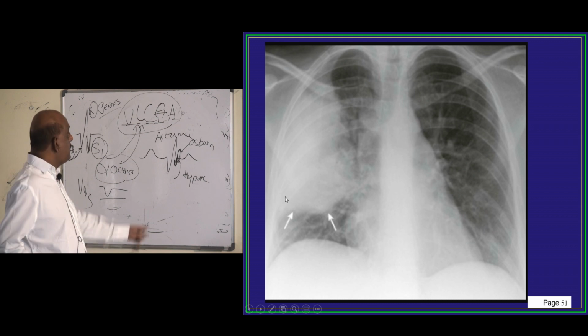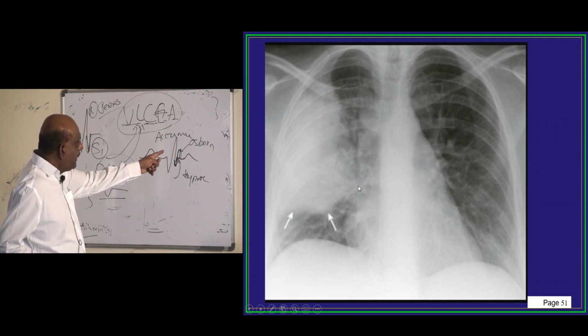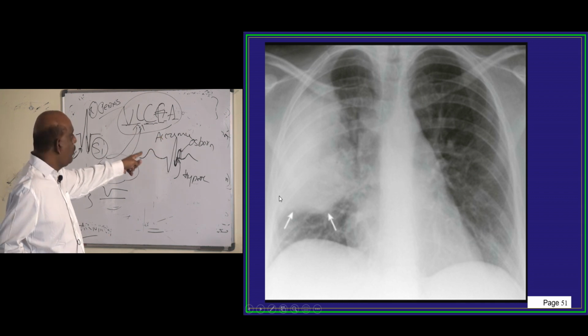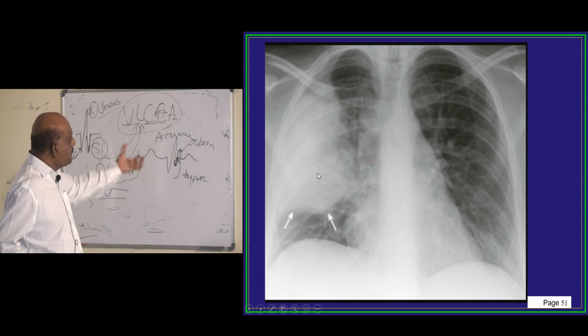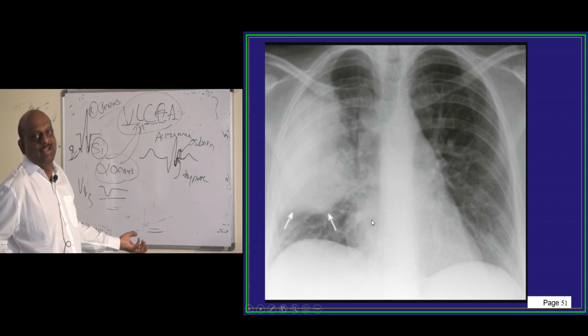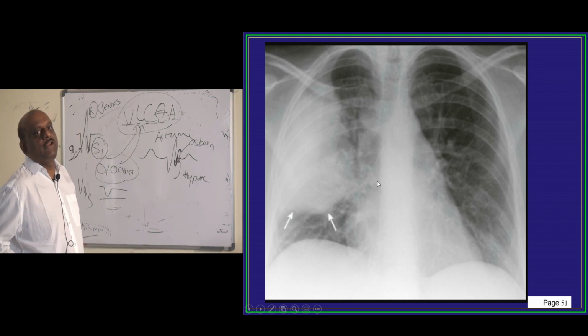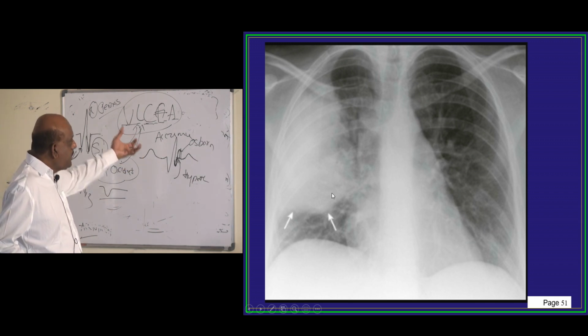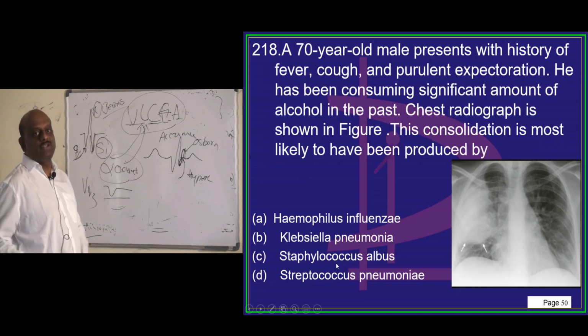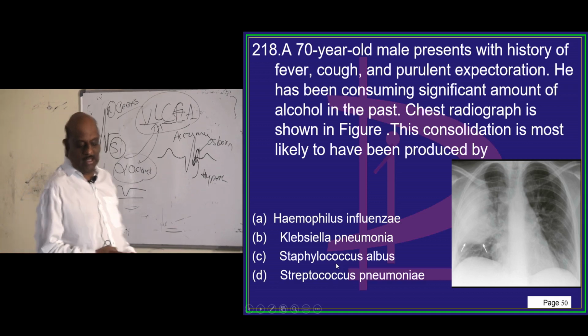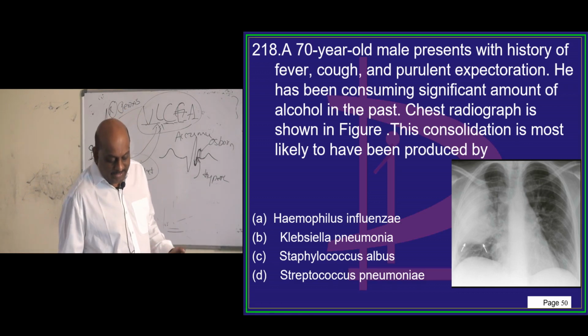But the consolidation has made the horizontal fissure bulge down. So this is called the bulging fissure sign. Typically when Klebsiella pneumonia leads to a lobar pneumonia, it leads to bulging of the fissure, which is a very classical radiological feature of Klebsiella pneumonia, is what you have to basically understand.